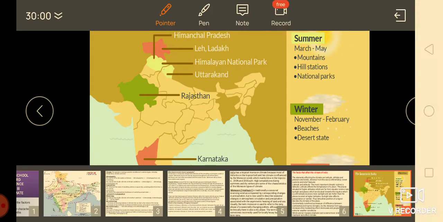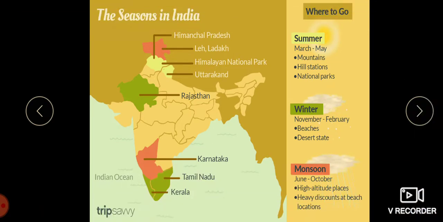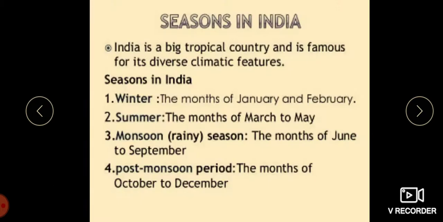Now let us move on. We can see here the summer season, where we have the mountains, hill stations, national parks. Winter, November to February, monsoon. So these are all the places where we have the seasons in India.